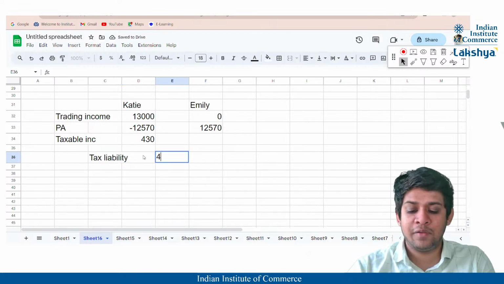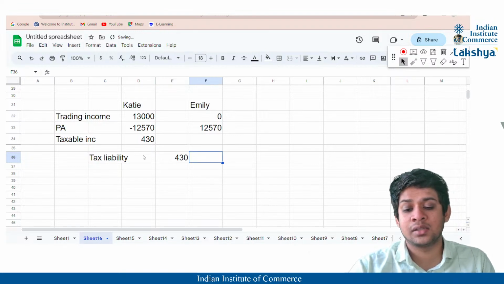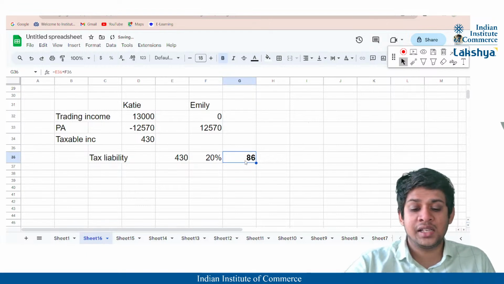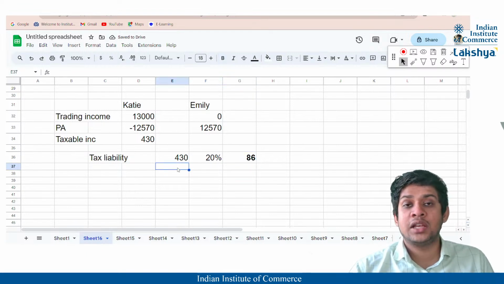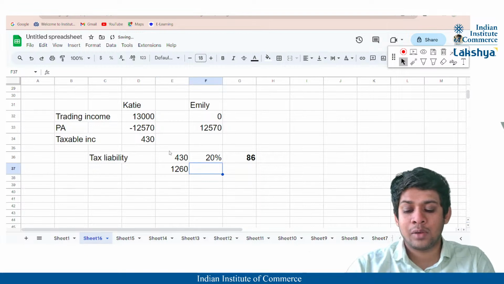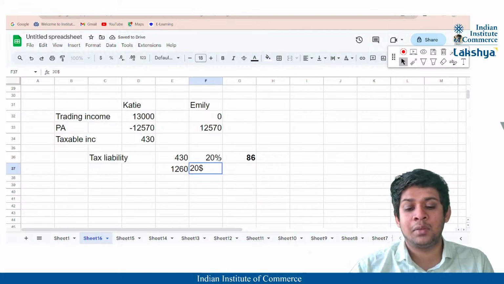The tax liability will be: 430 is her taxable income, and on that she will be charged 20% tax. So it will be 430 into 20%, that is 86. 86 is her tax liability and she will be allowed to use the transferred personal allowance, that is 1260. Correct? So that 1260 into 20% can be deducted from the total tax liability.